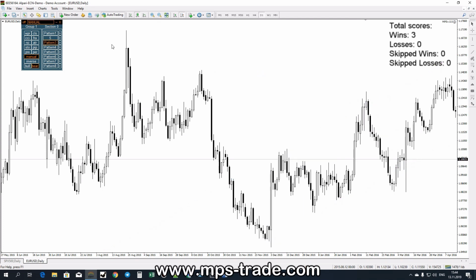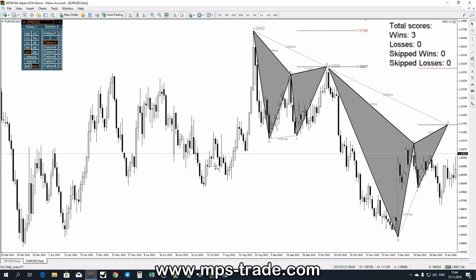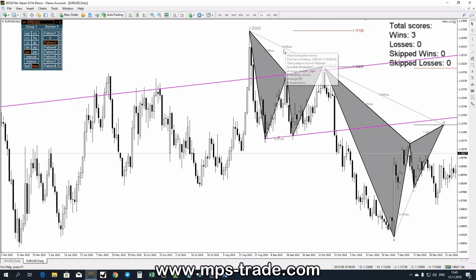Okay, now let me use automated recognition again, and let's examine this pattern. Again, you simply project this channel and you place it to your entry. You see that the pattern itself didn't complete. It is a 0.666 pattern, not even 0.786, not even 0.75, it is 0.666.